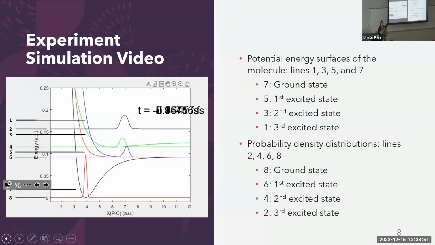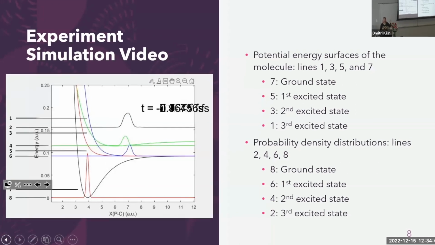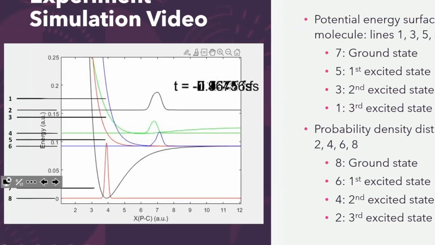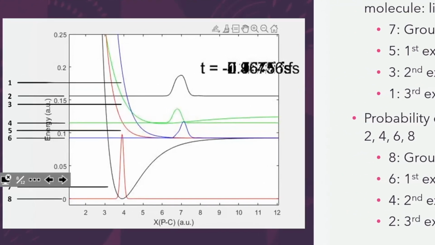Moving on, this is kind of a preparation slide to explain the video that is in the next slide. There's a lot going on in this graph. It models the potential energy surfaces as well as the probability density distributions.